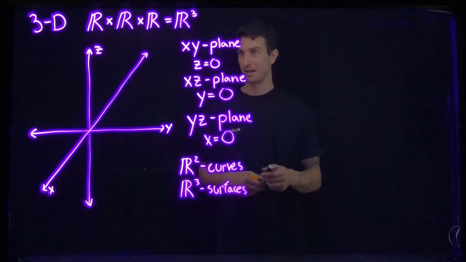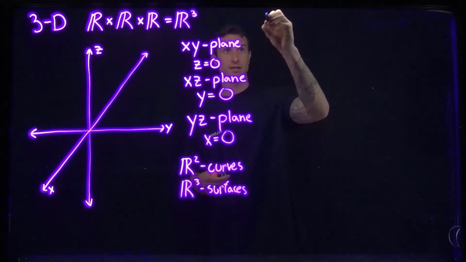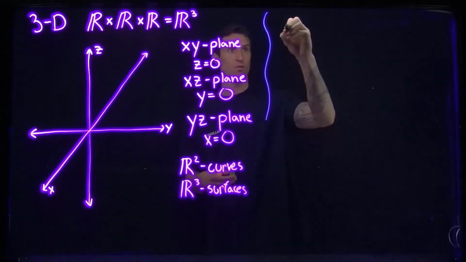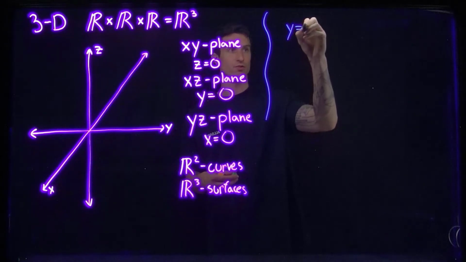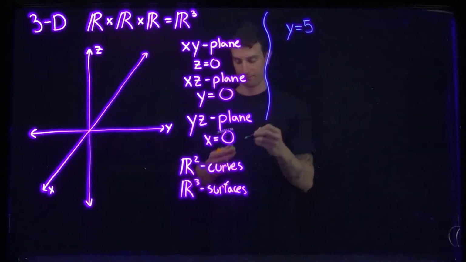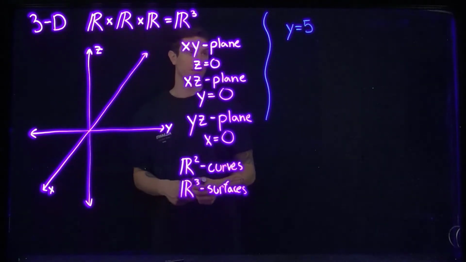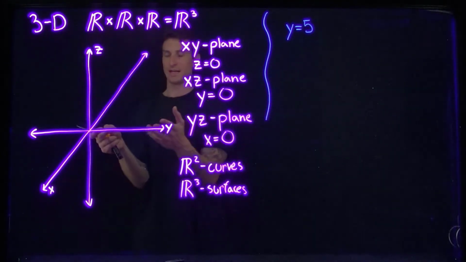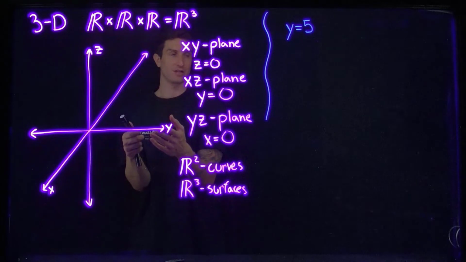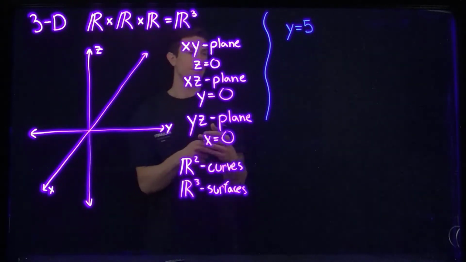And so let's give an equation here. Let's say Y is equal to 5. What do these points look like? I have 3-dimensional points here. They have X, Y, and Z coordinates. What do my points look like?